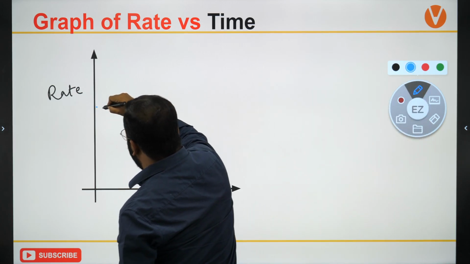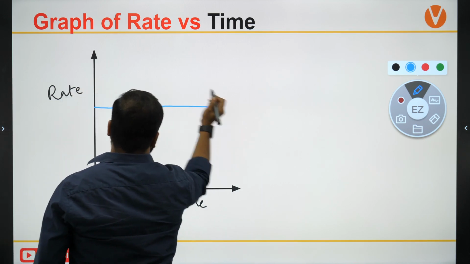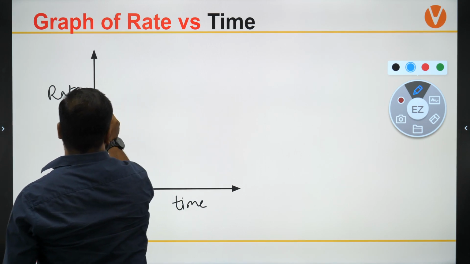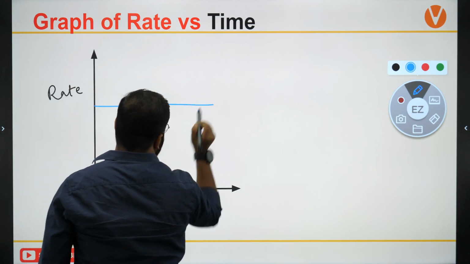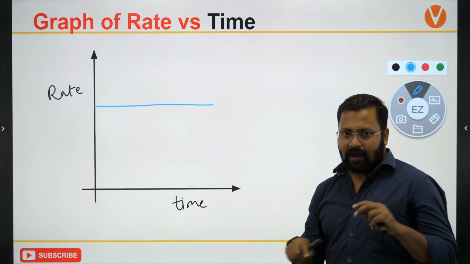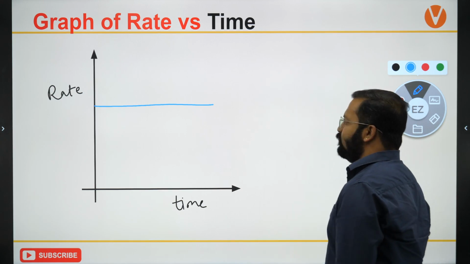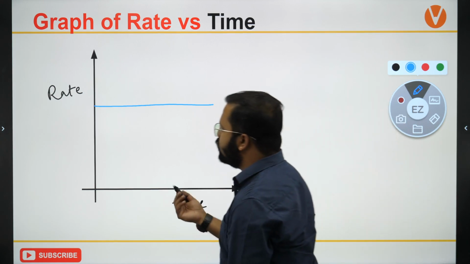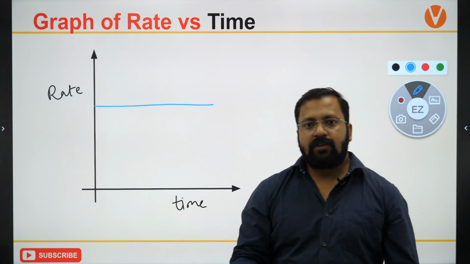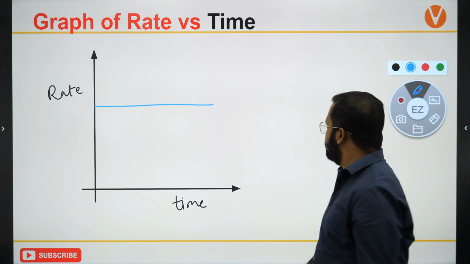It will be a straight line parallel to the time axis. Clear? I don't have to explain why it will be parallel to the time axis, because rate is not changing with respect to time. Rate remains constant.